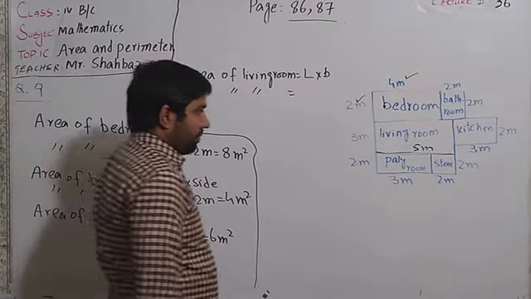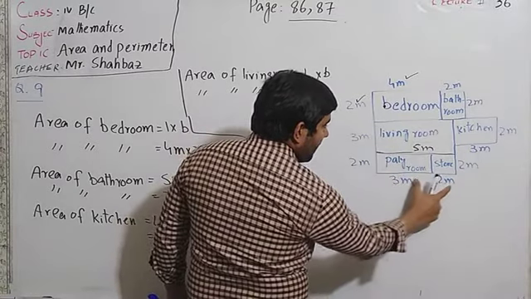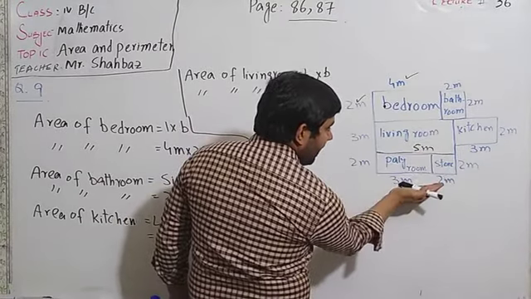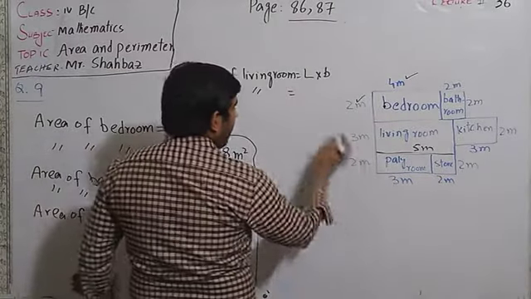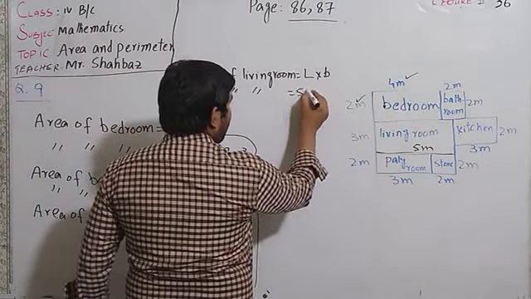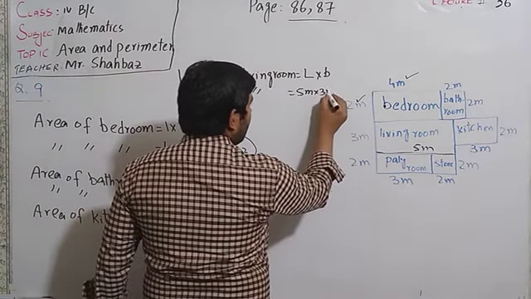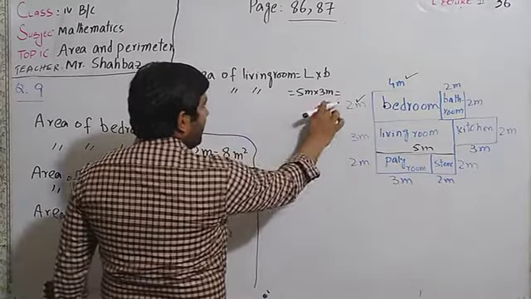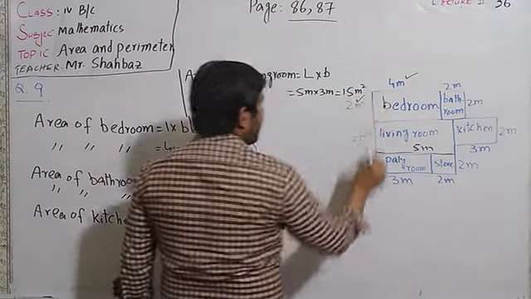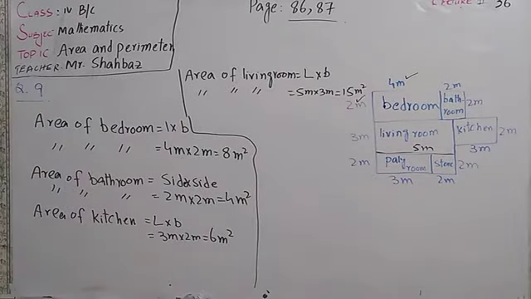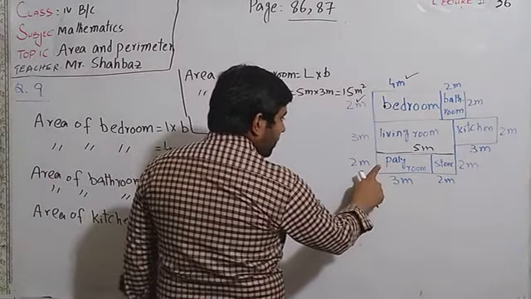Okay dear students, the length is not given, so we look here: this is 3 meter and this is 2 meter, and this is parallel. So the length will be the same, 5 meter. 5 meter multiplied by breadth 3 meter is 15 meter square. This is the area of living room. Now we have to find the area of playroom.